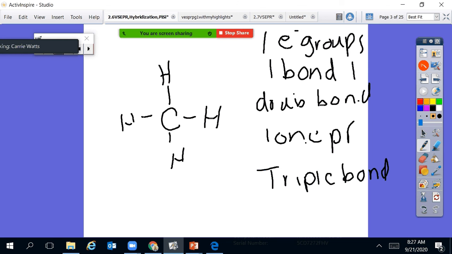Okay, so this has 4 electron groups around it: 1, 2, 3, 4. Okay, nitrogen has 1 electron group, even though it's a single bond. So that's how you count it. So remember that 1 electron group is a single bond, 1 electron group is a double bond, 1 electron group is a lone pair, and 1 electron group could be a triple bond as well.